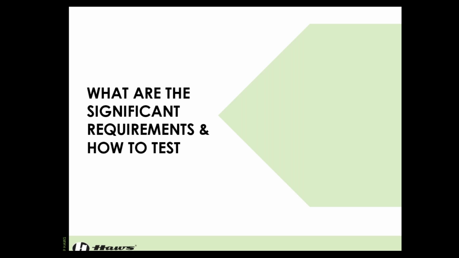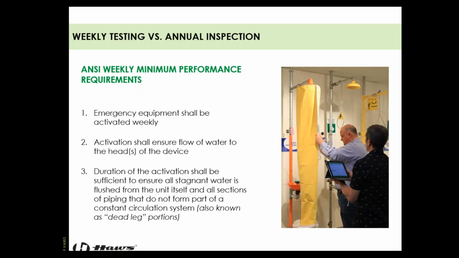So that's much appreciated. On to the significant requirements and how to test your equipment for those requirements. To begin, one of the most important things, and one of the most frequent things we get questions about, is weekly and annual testing. The testing requirement is weekly for emergency equipment.